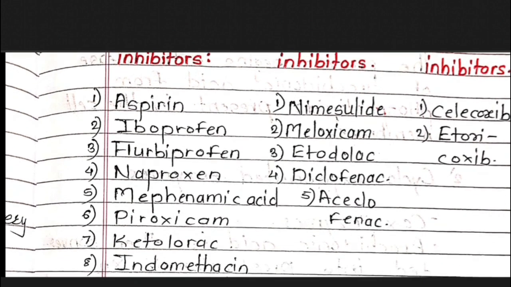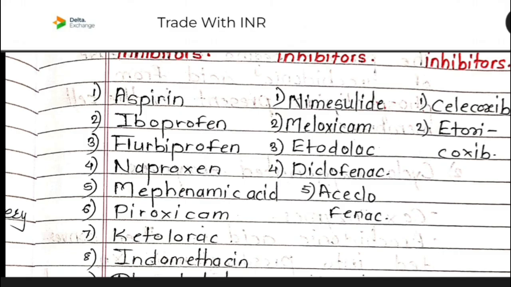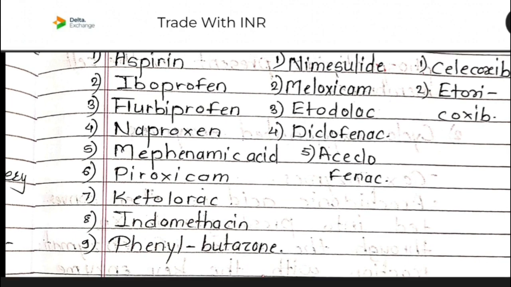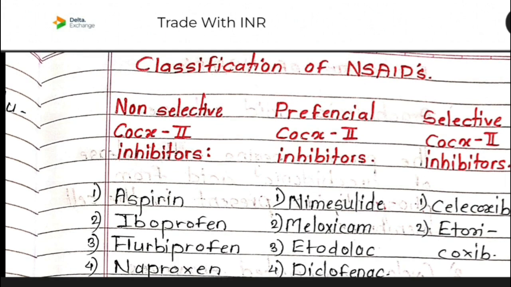Non-selective COX inhibitors are aspirin, ibuprofen, flurbiprofen, naproxen, mefenamic acid, piroxicam, ketorolac, indomethacin, and phenylbutazone. Preferential COX-2 inhibitors are nimesulide, meloxicam, etodolac, diclofenac, and aceclofenac. Selective COX-2 inhibitors are celecoxib and etoricoxib.